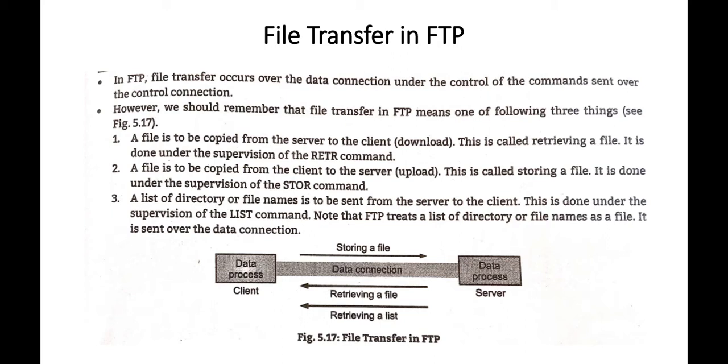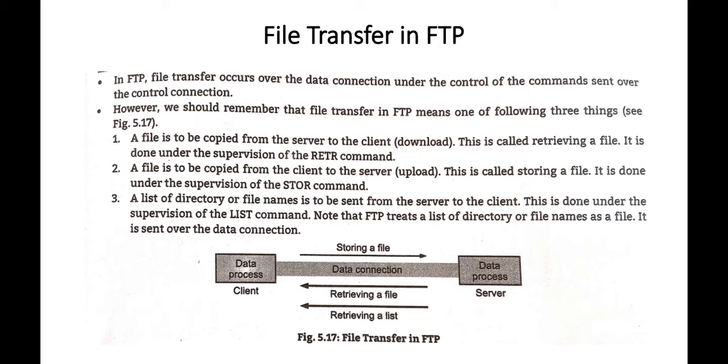After establishing a connection between the client and server, the actual data transmission work is done. For that, we use the TCP well-known port number 20. So for the control connection, TCP uses port number 21, and for the data connection, TCP uses port number 20. In that way, two types of connection are used in FTP.